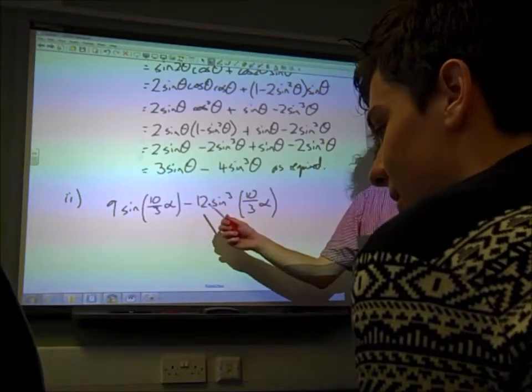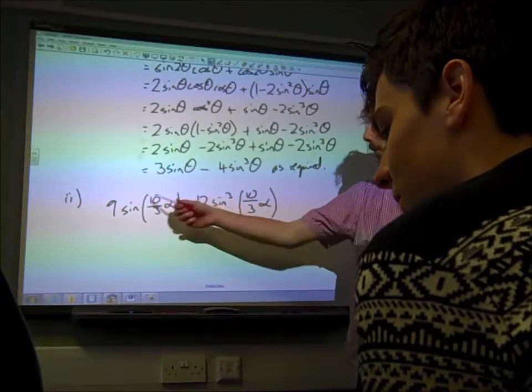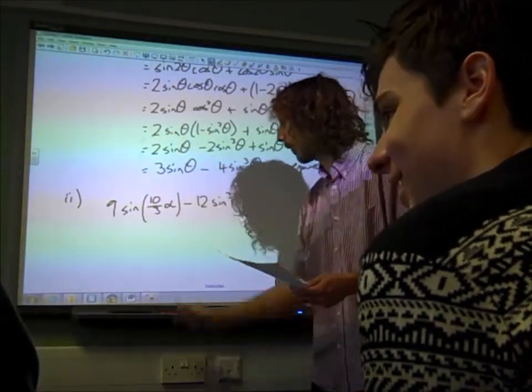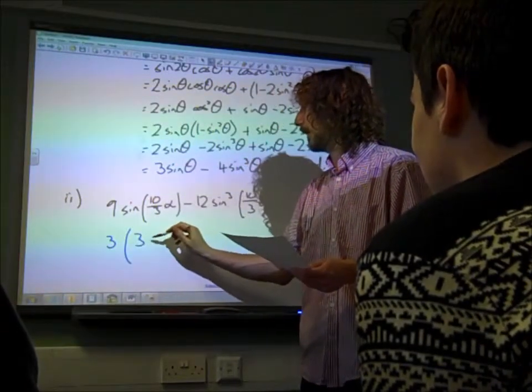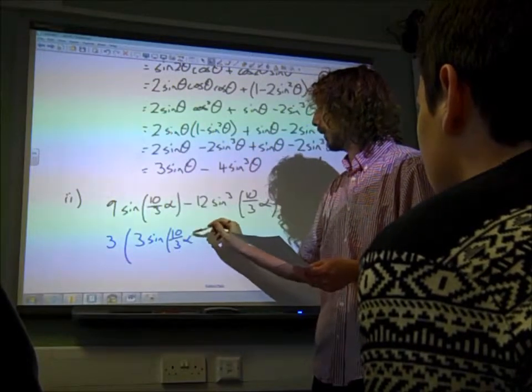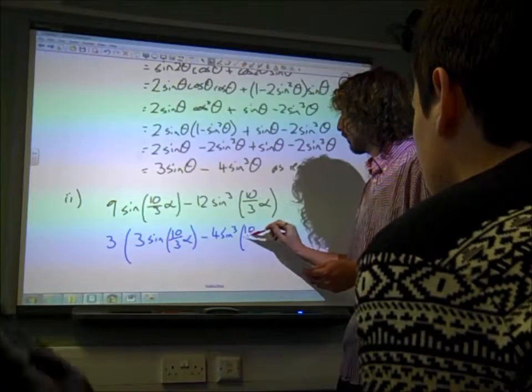We need to compare this with what we started with. We've got a common factor of 3, so this is the same as 3 lots of 3 sine 10 over 3 alpha minus 4 sine cubed 10 over 3 alpha.